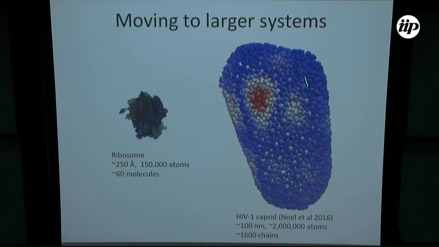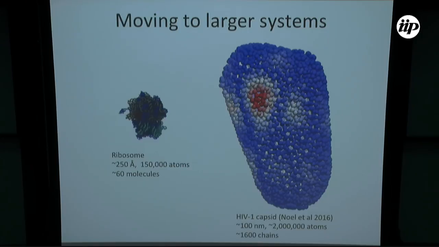Now you have things like the HIV-1 capsid, and this is pretty much drawn to scale, where each bead that I'm showing, this is not a coarse-grained model, it's just a coarse-grained drawing, is a domain of a protein. So this is roughly 1,600 proteins assembled into this big shell, for about 2 million atoms. And last year we did simulate this using structure-based models as a test of the new software, to make sure it works well.